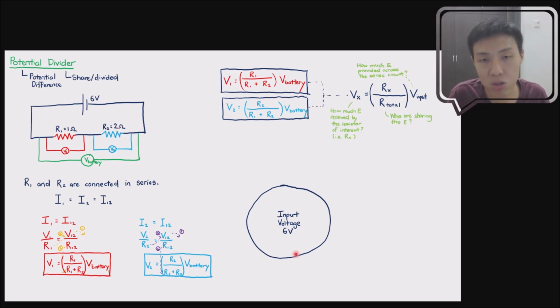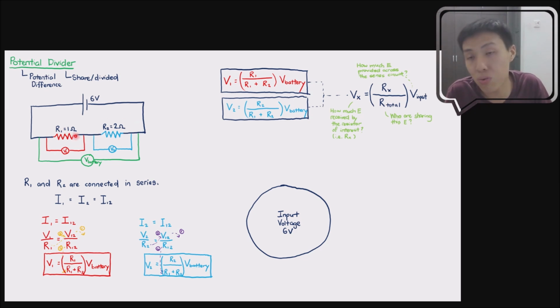So if this is the total amount of energy that needs to be shared, it must be shared completely, right? You know that the charge, when it gets back to the negative terminal, must have 0 joule of energy. So that means the 6 joule of energy for every coulomb of charge will need to be divided completely, like nothing left, between R1 and R2.